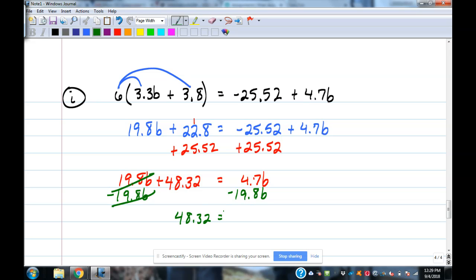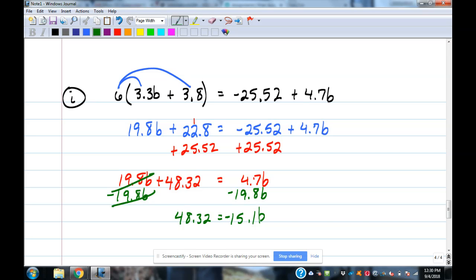And end up with a negative here. 4.7 minus 19.8 is negative 15.1b. My b is looking like a 6. Let me make it less 6-like, more b-like. Okay.